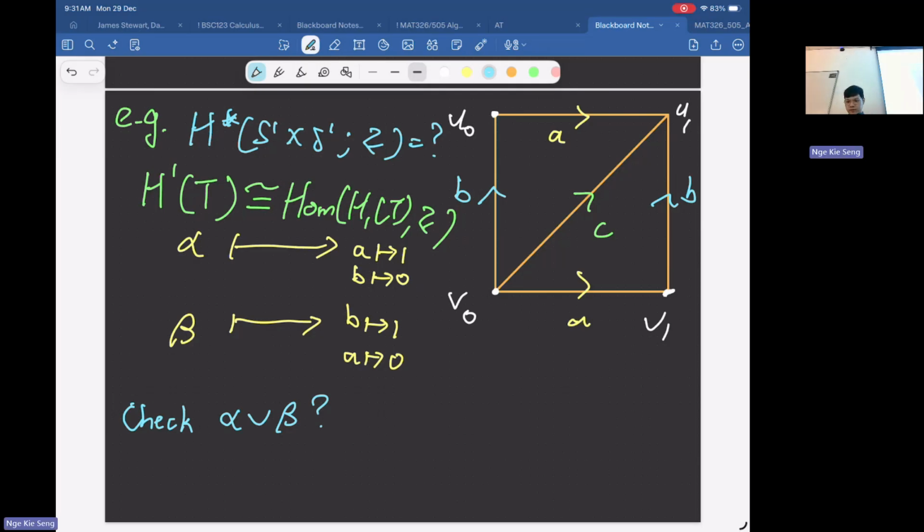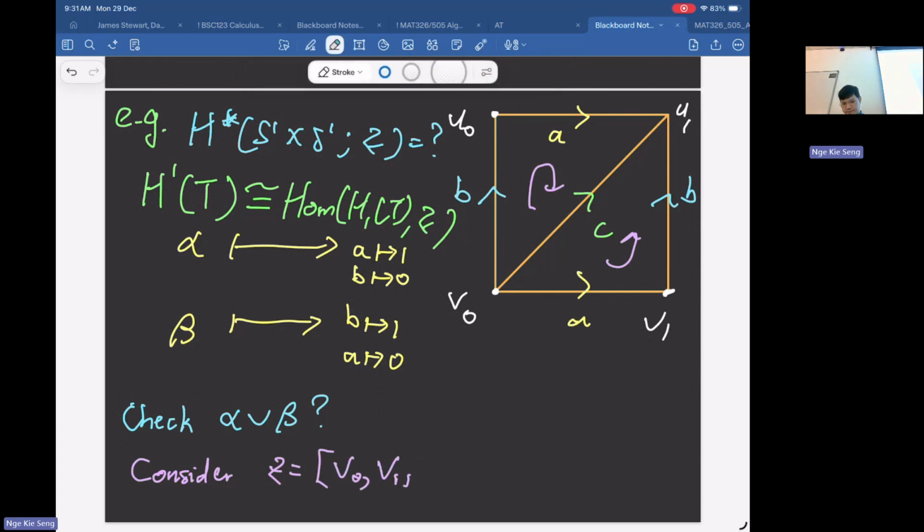All right, so in that case, maybe we can consider these two faces here, V0, V1, U1 minus V0, U0, U1.